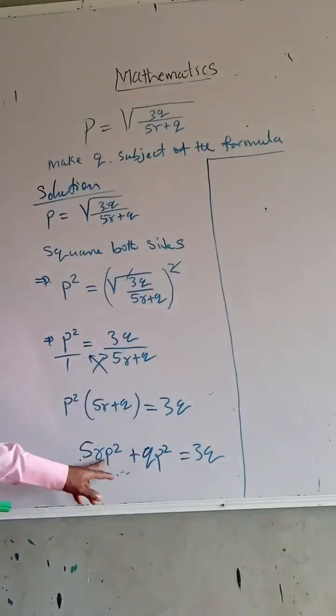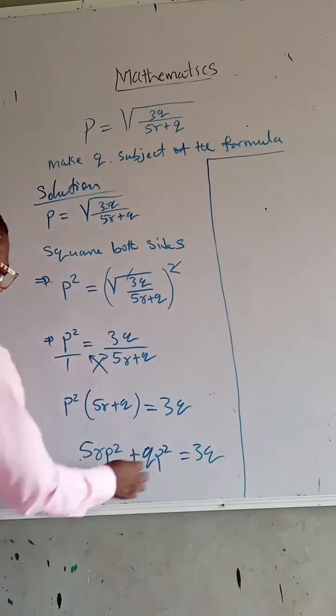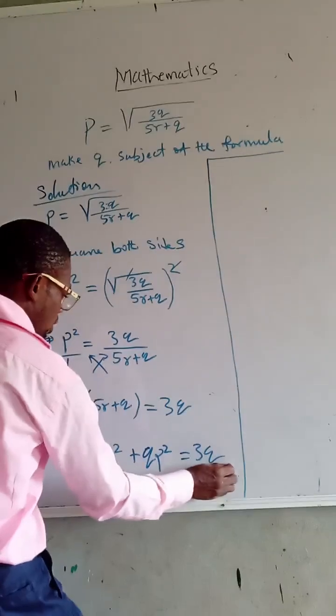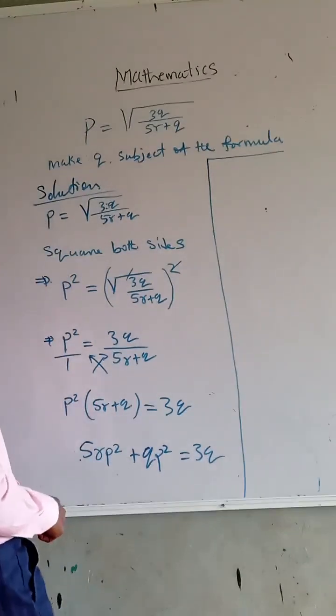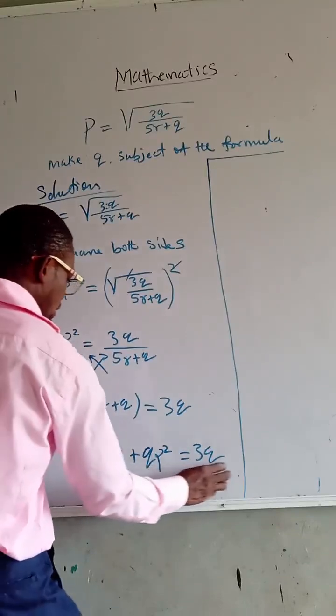Now let's continue from here. If you look at this, what is common among them? P, right? P is common among them, but we are not concerned about p. What we are concerned with is q, because we want to make q the subject of the formula. So let me bring the terms that contain q to this side.